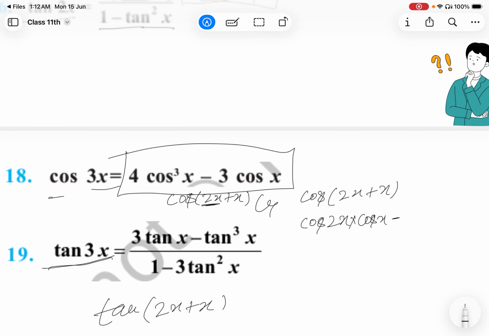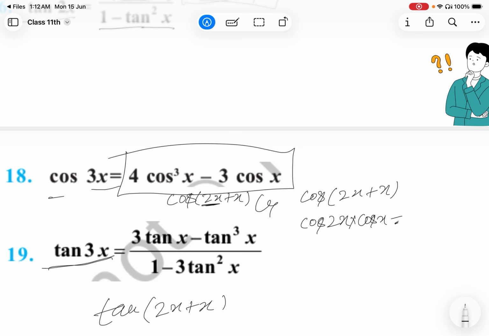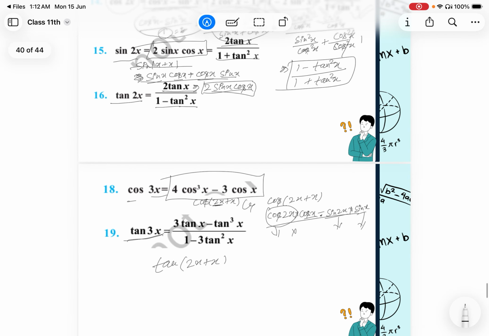This is multiplication, minus sin 2x into sin x. Okay, and now you have to put all the value of cos 2x into cos x, then all the value of sin 2x into sin x, and you will get the answer.